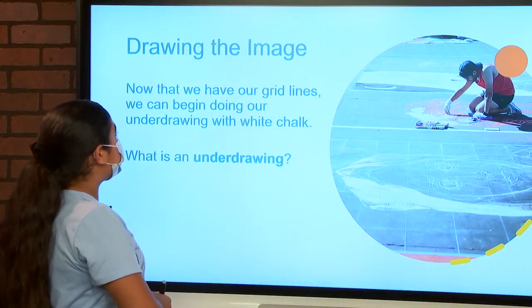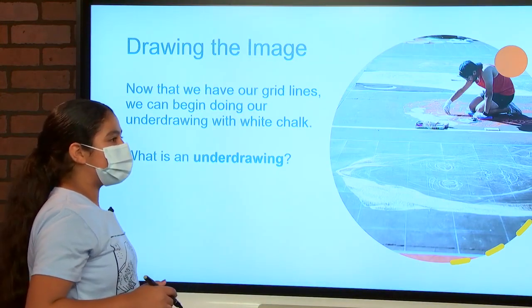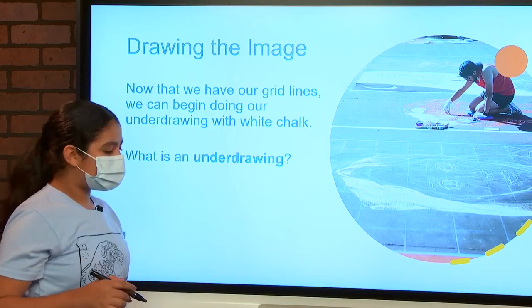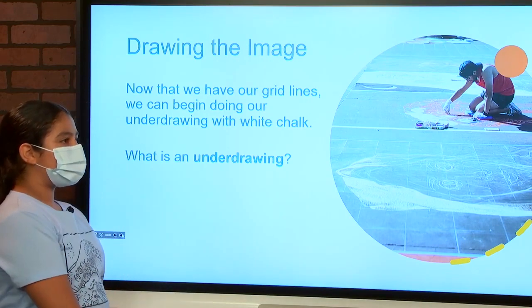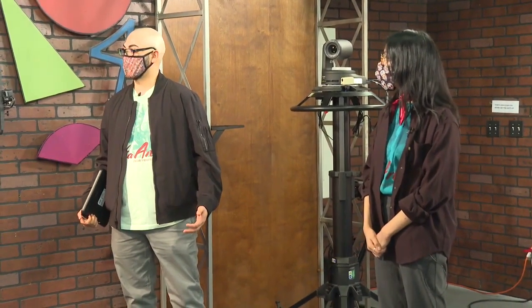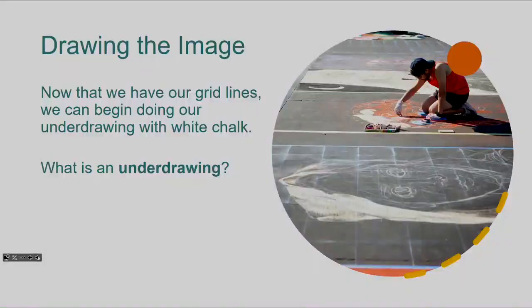So drawing the image. What is an underdrawing, John? An underdrawing, when drawing the image after you have your grid lines, is pretty much like a sketch with the chalk. It's just there so you have your starting point, and you can accurately size out, referencing the image that you are looking at.